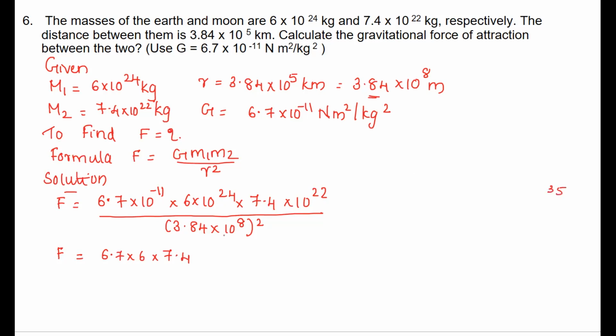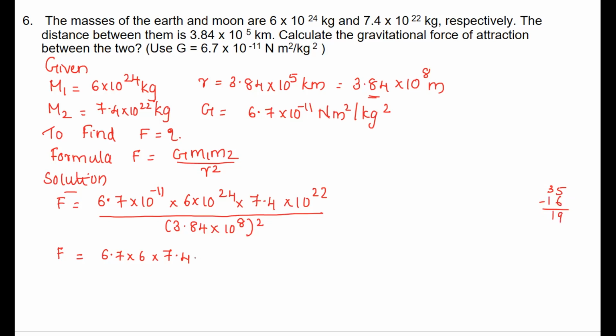Okay. And in the denominator, 10 raised to 8 the whole square is 10 raised to 16. 10 raised to plus 16, when we take to the numerator, it will become minus 16. So 35 minus 16 is 19.